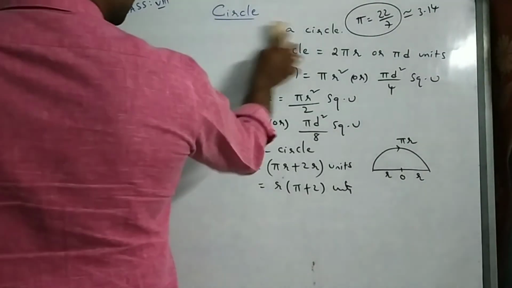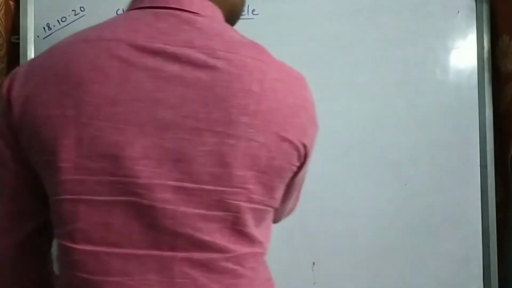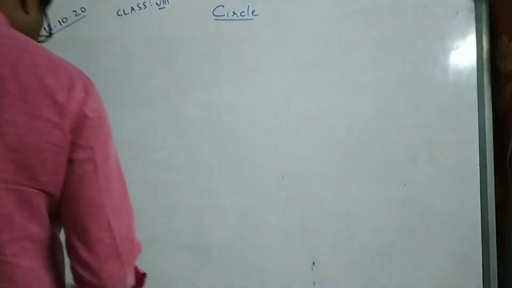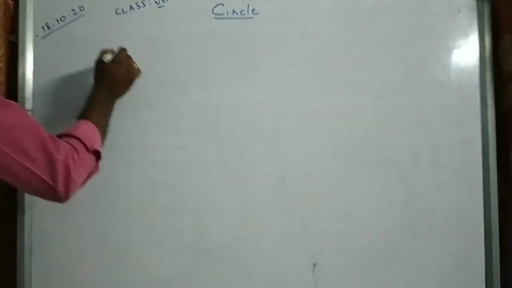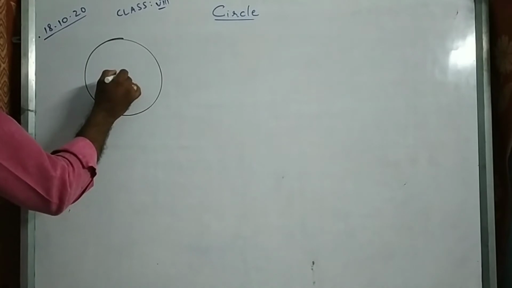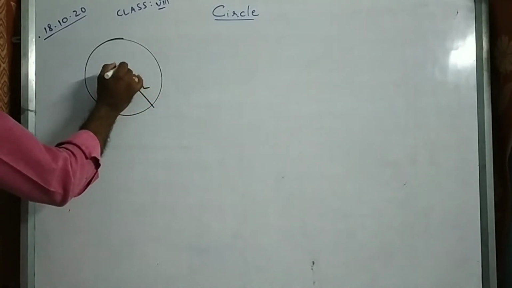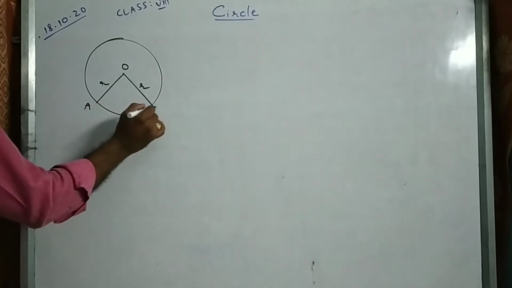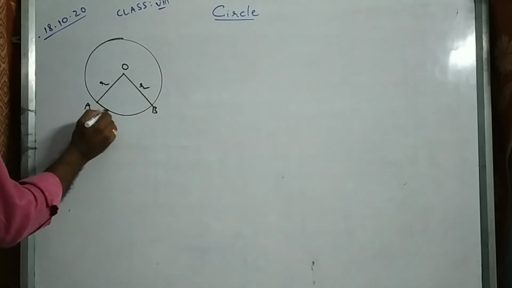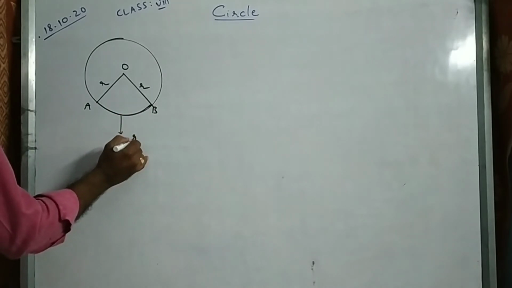Next, take a circle. This is the radius, and this is the center of the circle. This part of the circle is called an arc.